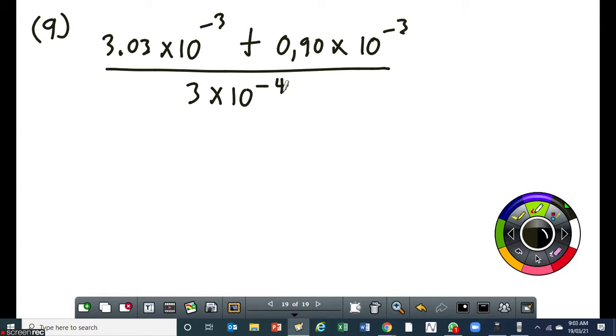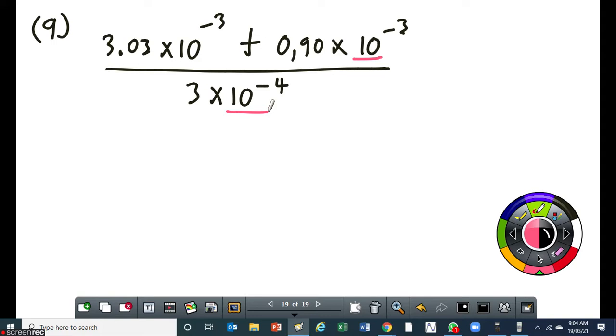Here I'm going to use the same concept, but be very careful in this question, because we have 10 to the power of minus 3 there, and then 10 to the power of minus 4.